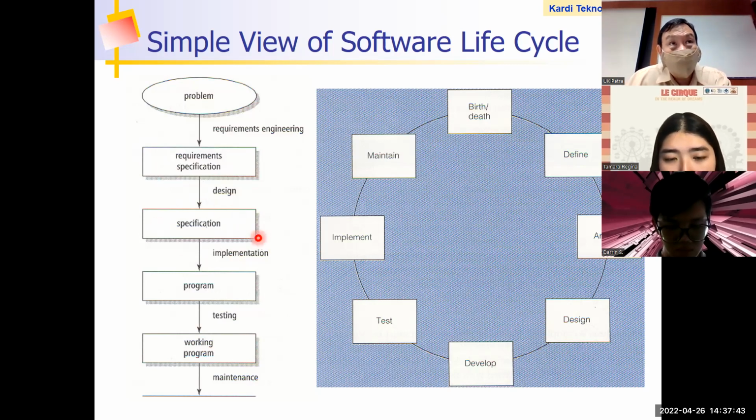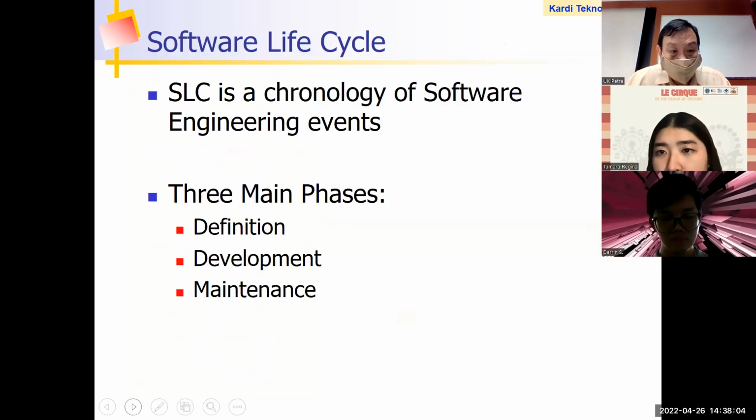In the design, you talk about how you are going to do that. And then this is the coding part. The program is the coding part, and then you do testing on that program, and then you have a working program, right? Once you have a working program, you do maintenance, and after that, of course, the program will die.